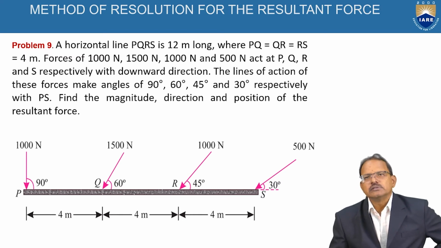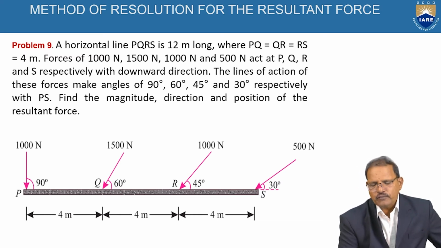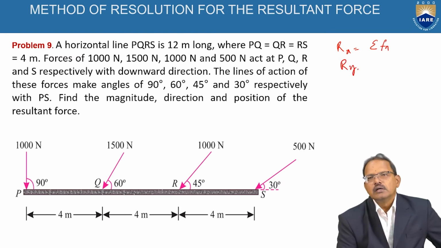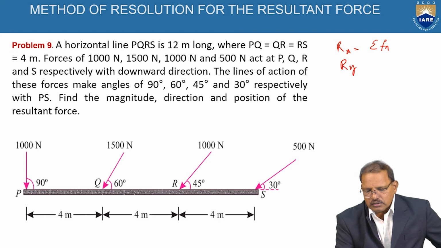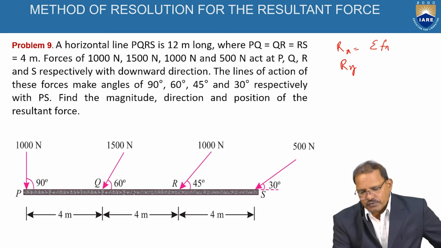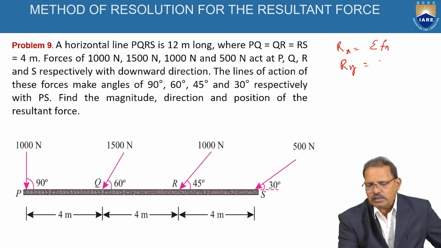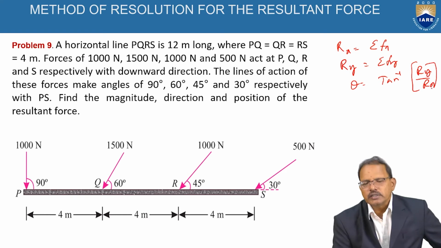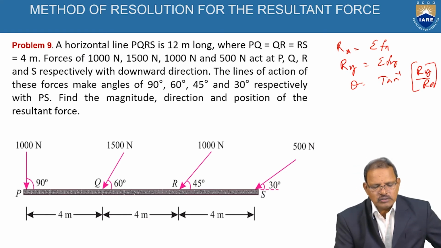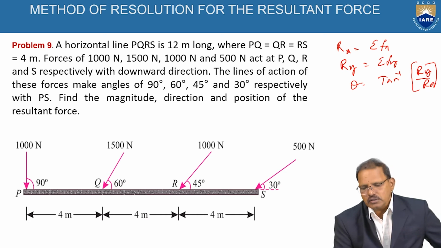First, to resolve the forces and find the resultant of these four forces, we require that the x component of the resultant force is equal to sigma Fx and the y component of the resultant force is Ry, which is equal to sigma Fy, and theta is equal to tan inverse of Ry divided by Rx. We have to use these equations first to determine the resultant of the 1000, 1500, 1000 and 500 newton forces which are acting on the line PS.